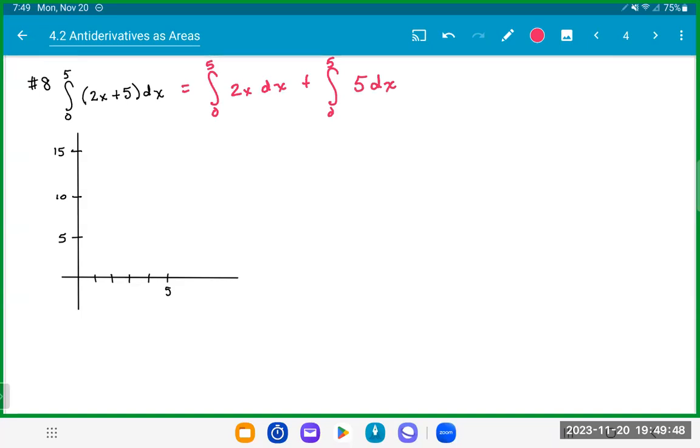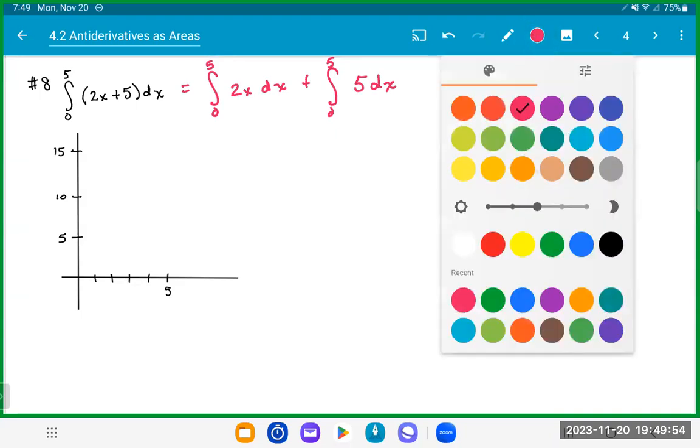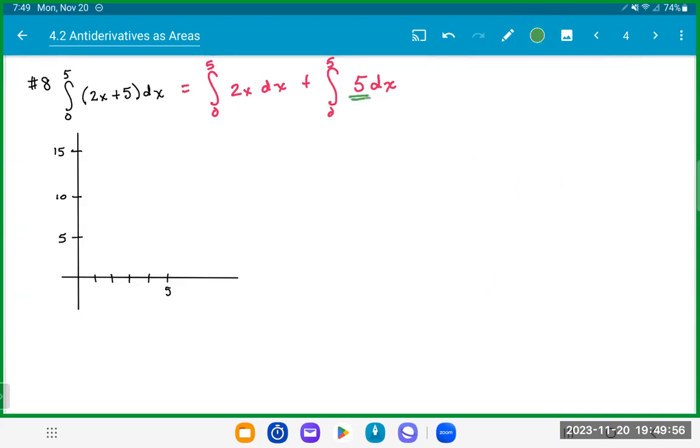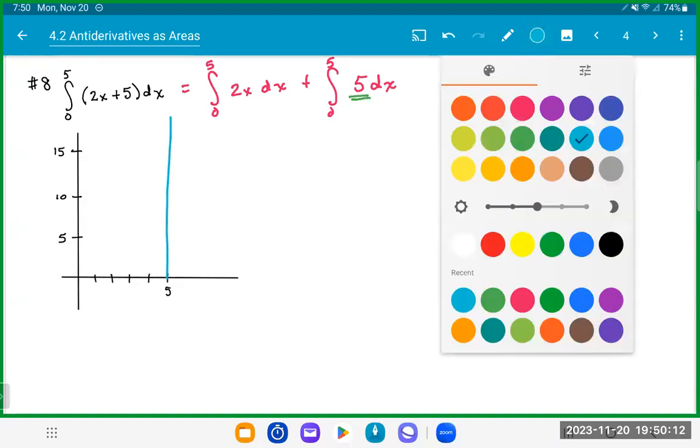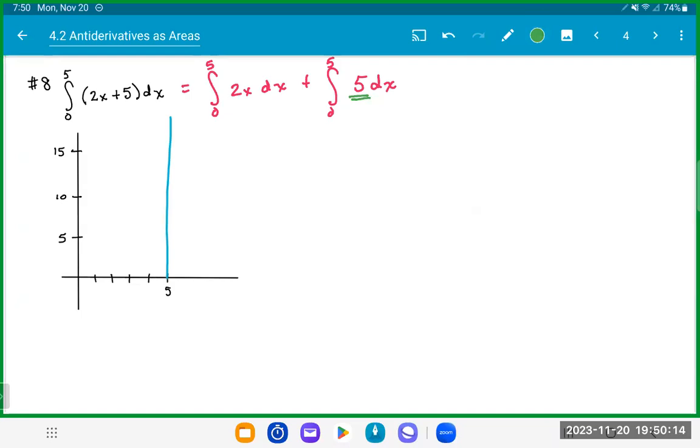So we have this constant 5 that holds steady. We're going from 0 to 5, so let me get a different color first. We're going to be limited in this space here, right? We can't go beyond 5 because we're only going from 0 to 5.